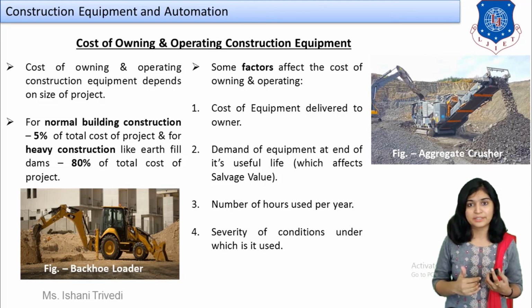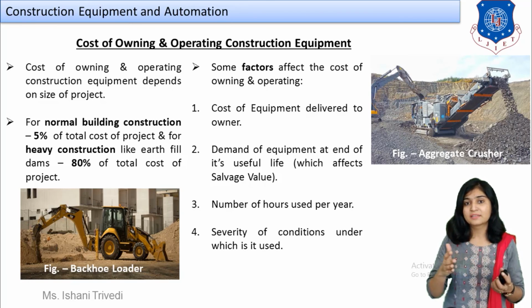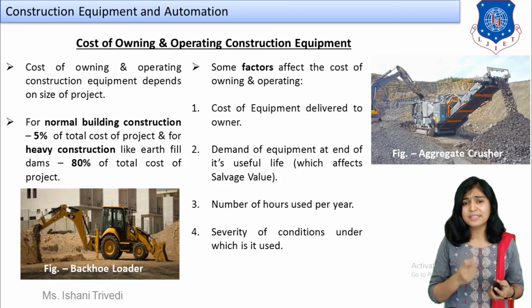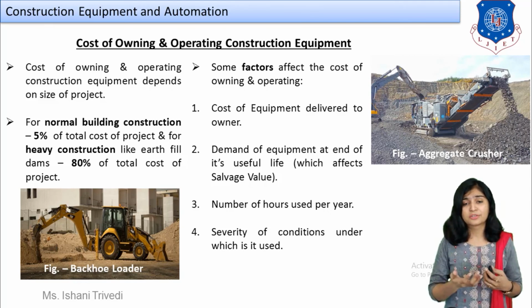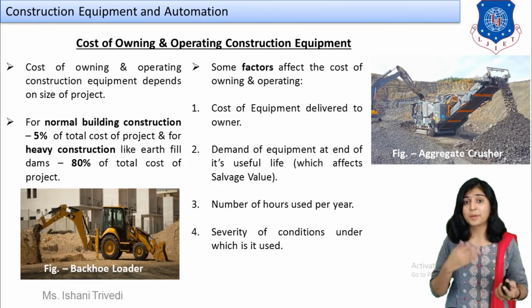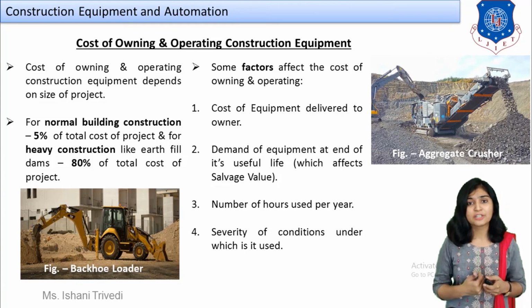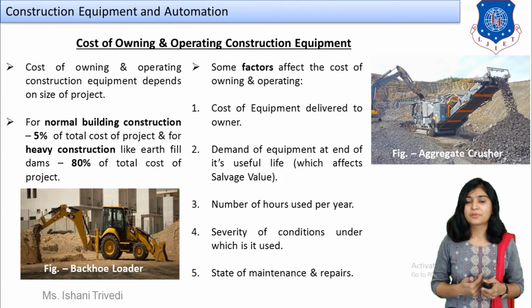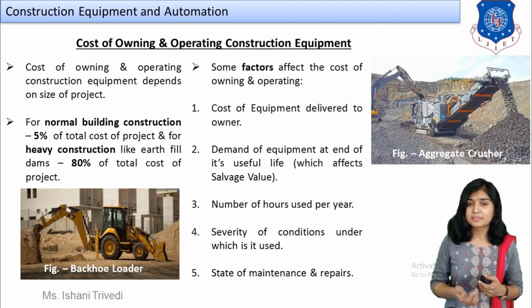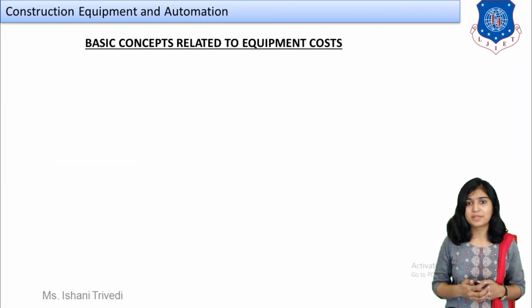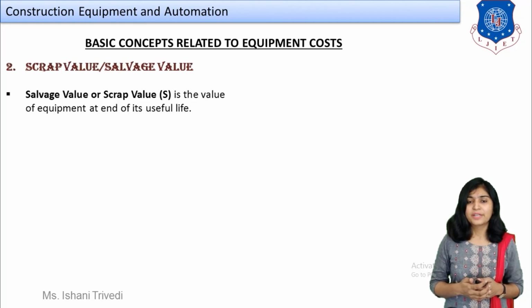Then the number of hours to be used per year, which is generally calculated based on the working hours per month or per year, and severity of the condition. See, if you are working under water, or if you are dealing with underground water, pumping subsoil water, the severity of the conditions decides what type of equipment you are going to take and its finance, and the state of maintenance and repairs, which I already told you. Okay.